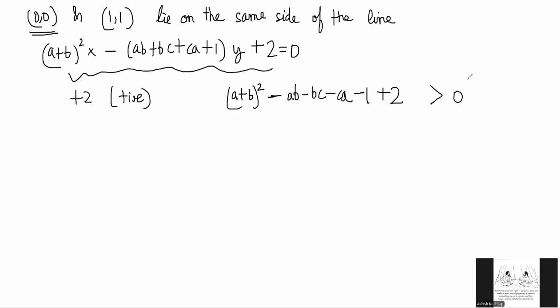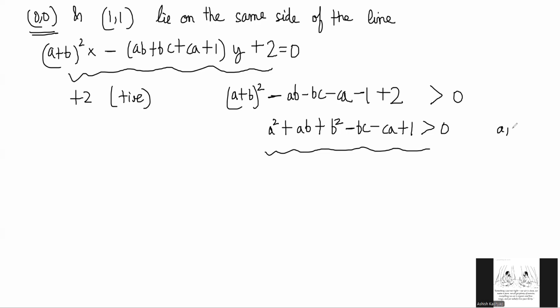So we are getting this condition. Now to think about this condition, let's simplify it a little bit. We can get a square plus 2ab minus ab, so plus ab plus b square minus bc minus ca plus 1 greater than 0. And this condition is true for all a, b belongs to real, so we can make this equation a quadratic in a.